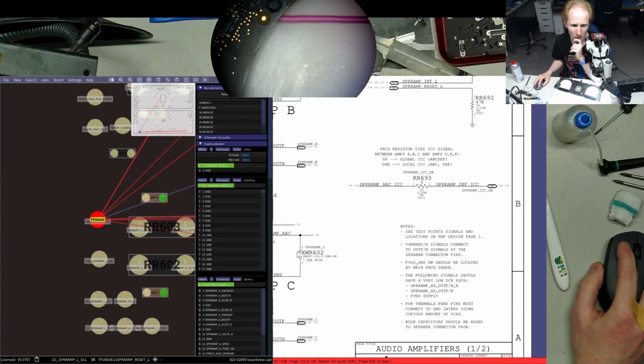Let's see if we find any of these addresses.